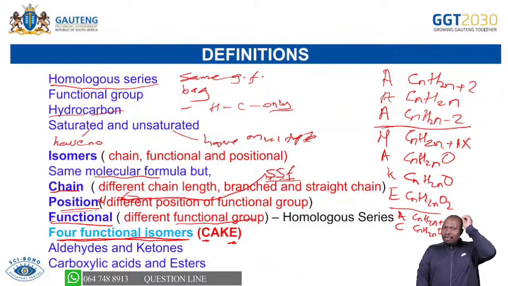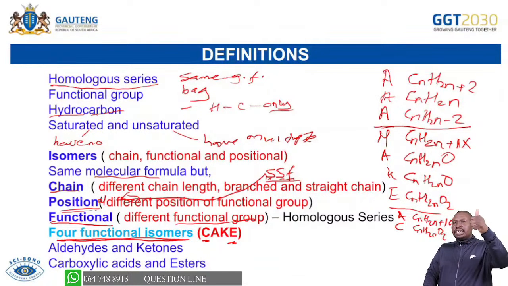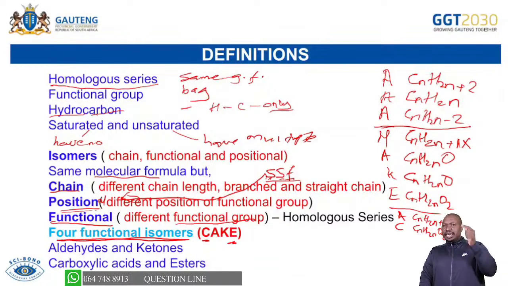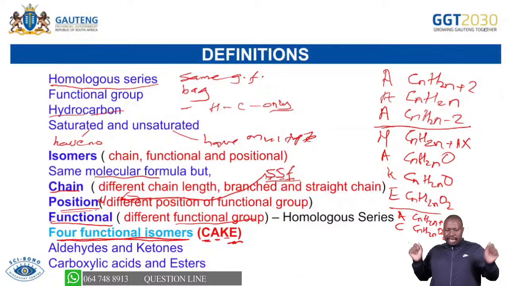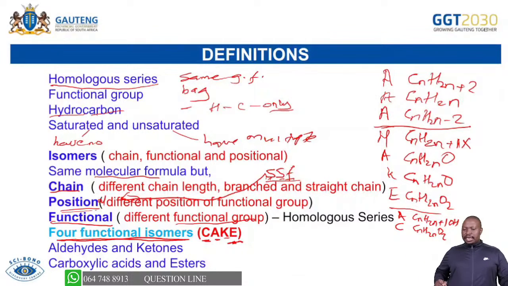So these are functional isomers because they have different functional groups, but they have the same molecular formula. So we say functional isomers is carboxylic acid and esters. It's aldehydes and ketones. Please capitalize on that and get those marks. Hence I've indicated aldehydes and ketones and carboxylic acids and esters.